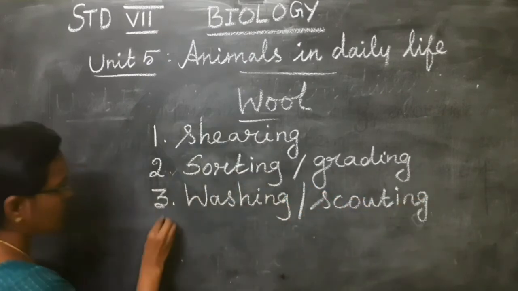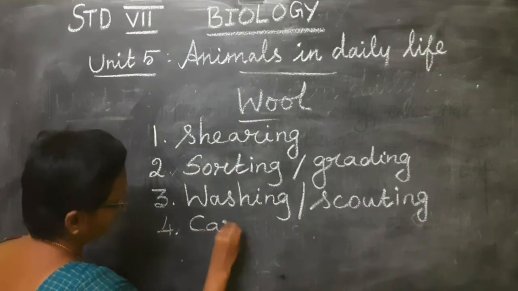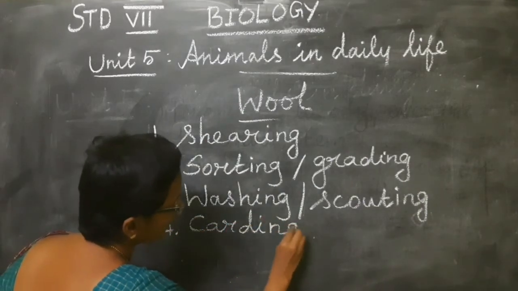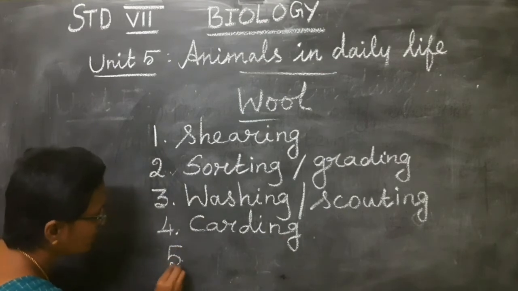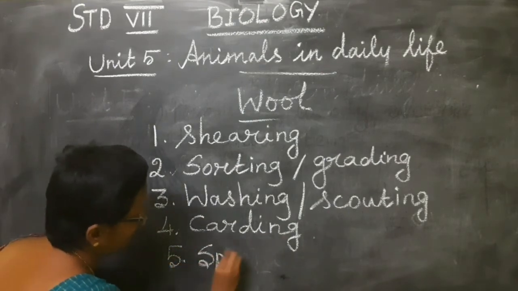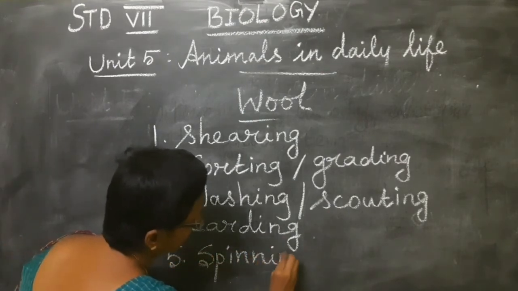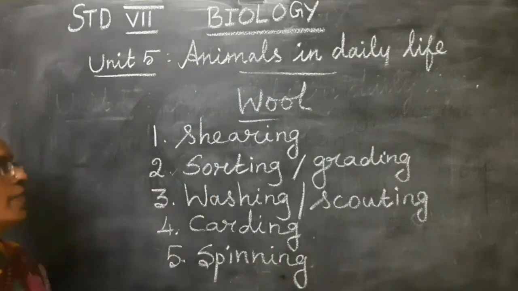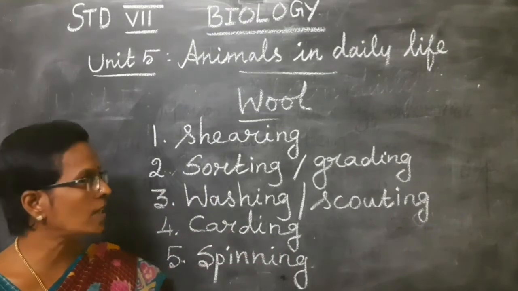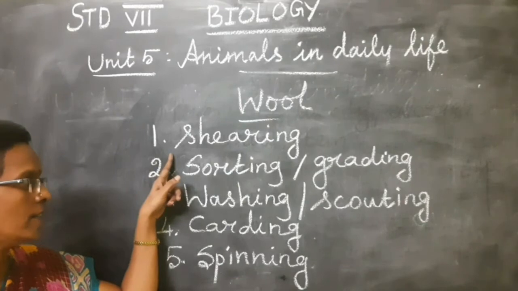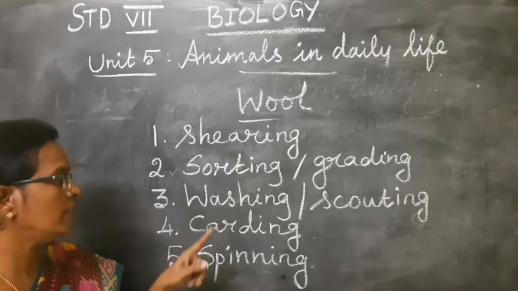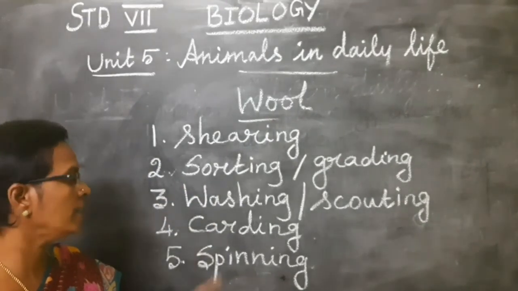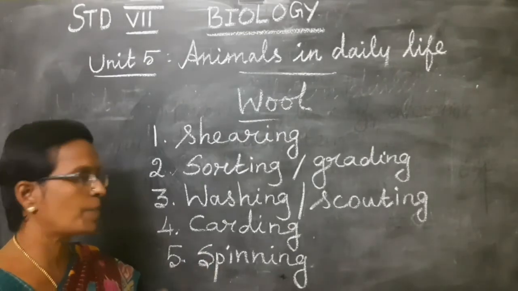And the fourth step is carding. And the fifth step is spinning. The 5 major steps of processing of wool are shearing, sorting or grading, washing or scouring, carding and spinning.